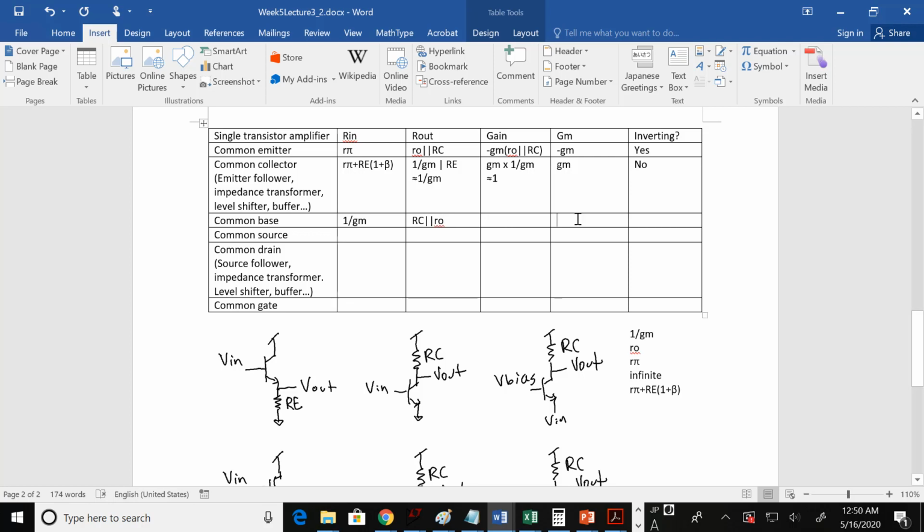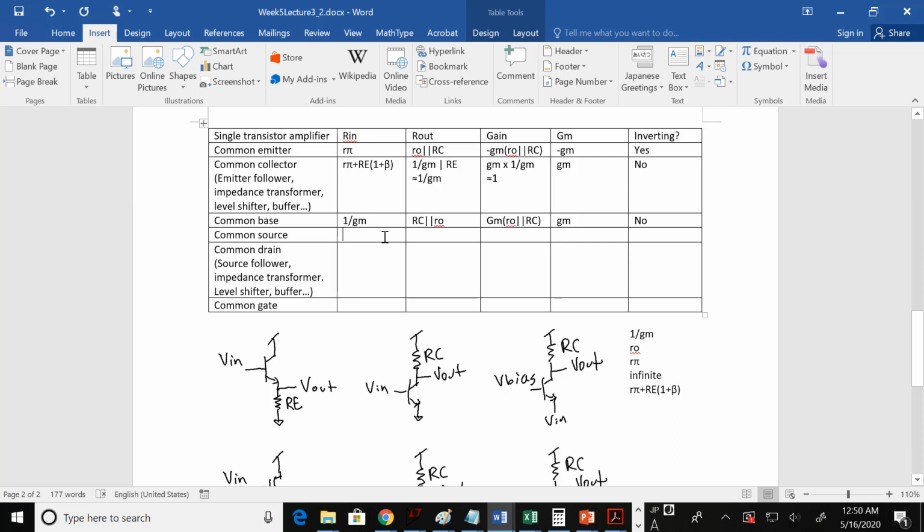And your GM: there's no degeneration, no resistor below the emitter, and it's not inverting, so it's a positive GM. You get the same gain as for the common emitter, except not inverting.